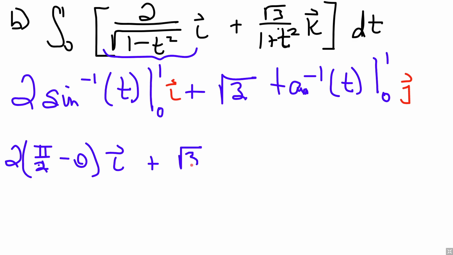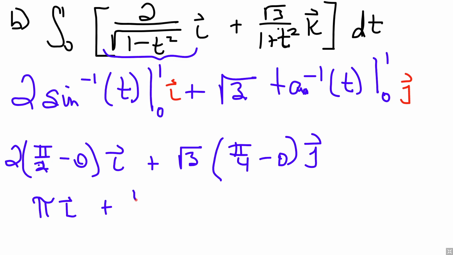Plus, we're going to have the square root of 3 times the tangent inverse of 1, which is pi over 4, minus tangent inverse of 0, which is 0. And this is in the j direction. So we're just going to end up with pi in the i direction plus square root of 3 pi over 4 in the j direction. Okay, and this is going to be our answer.